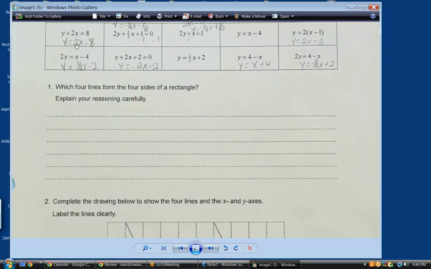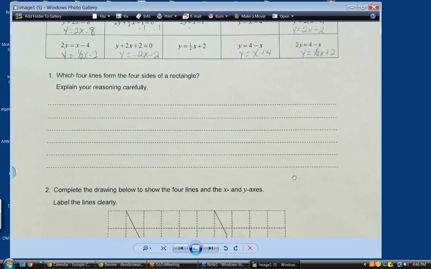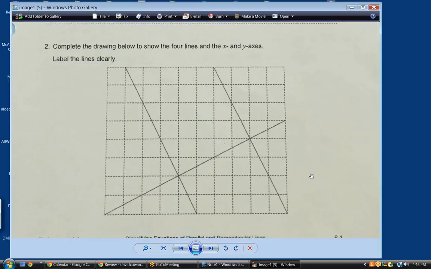The top left has a y-intercept of 8. So that could be -8 right there. No, -2 has to be that line or that line.